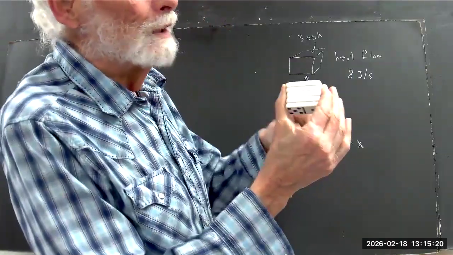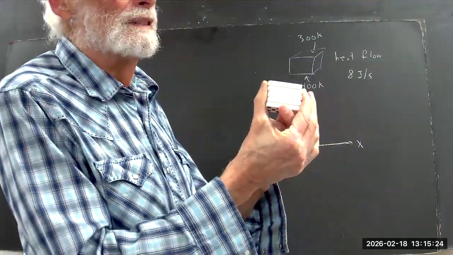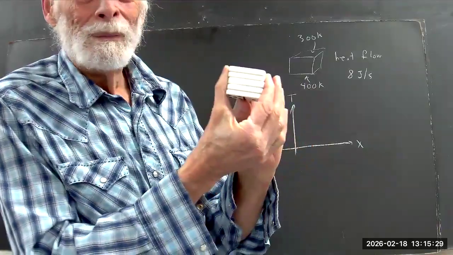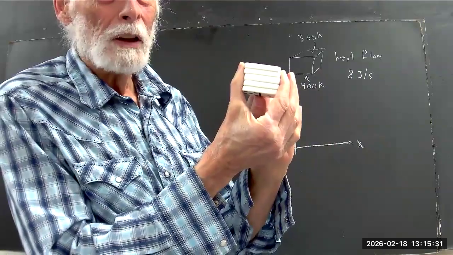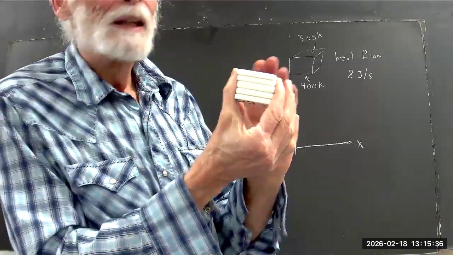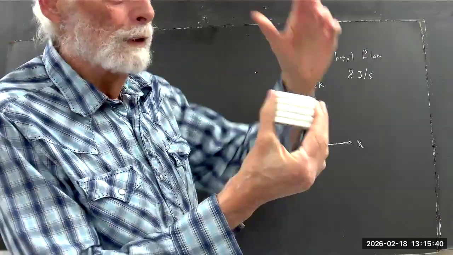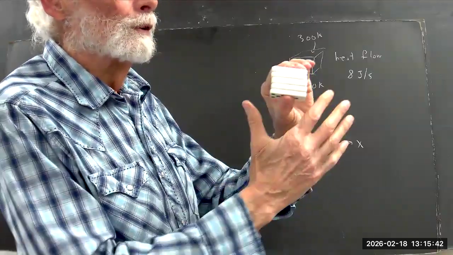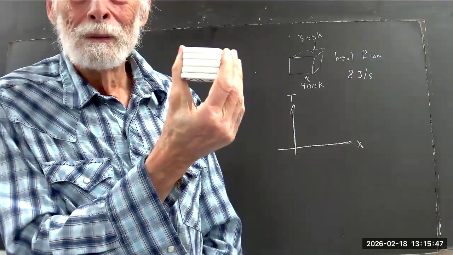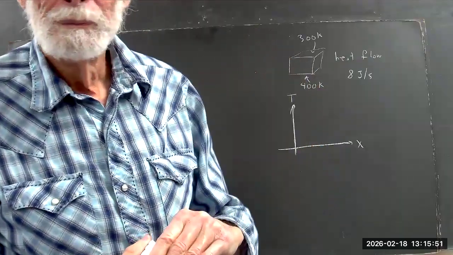So at the beginning, this bottom domino is going to be a lot hotter than the one above it, and the one above it is not going to be all that much hotter than the one above that. After it's been going a while, you're going to have a uniform heat flow. Now, I'm assuming that these are surrounded by insulation, so there's no significant heat loss out of the sides.